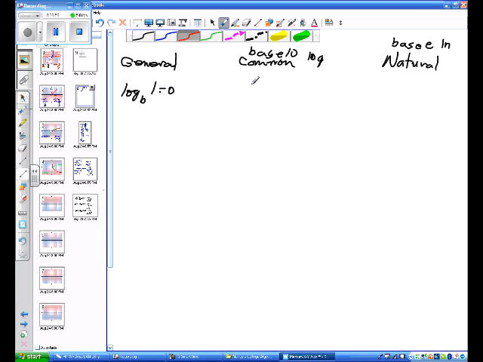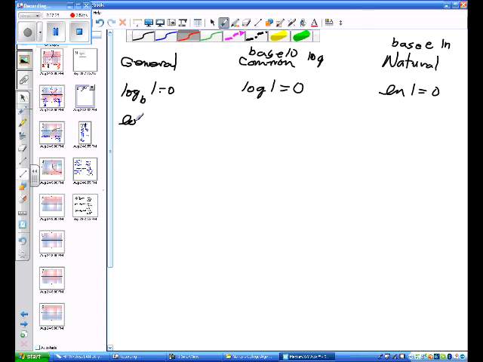Well, in our common log, the way we would write that is just log of 1 equals 0. That 10 is understood to be there. And when you look on your calculator and you see a log button, that is base 10. On your calculator, all you have is base 10 and base e. And then our natural log of 1 would be 0.